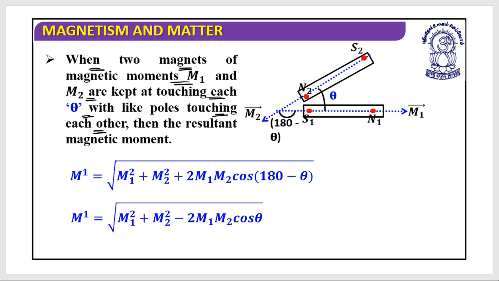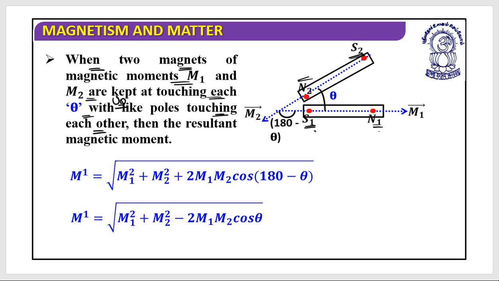When like poles are touching each other, this is the south pole, this is the north pole. Yes, this is not the like poles, these are the unlike poles touching each other.